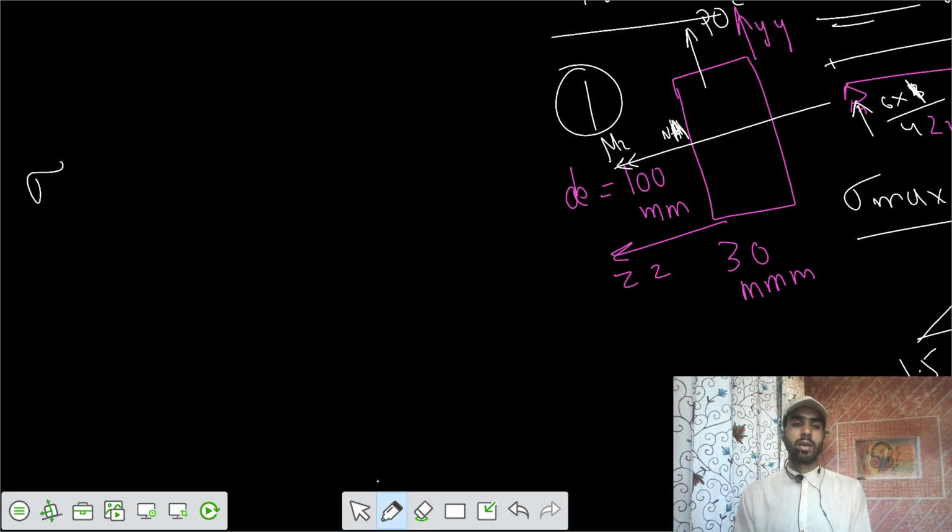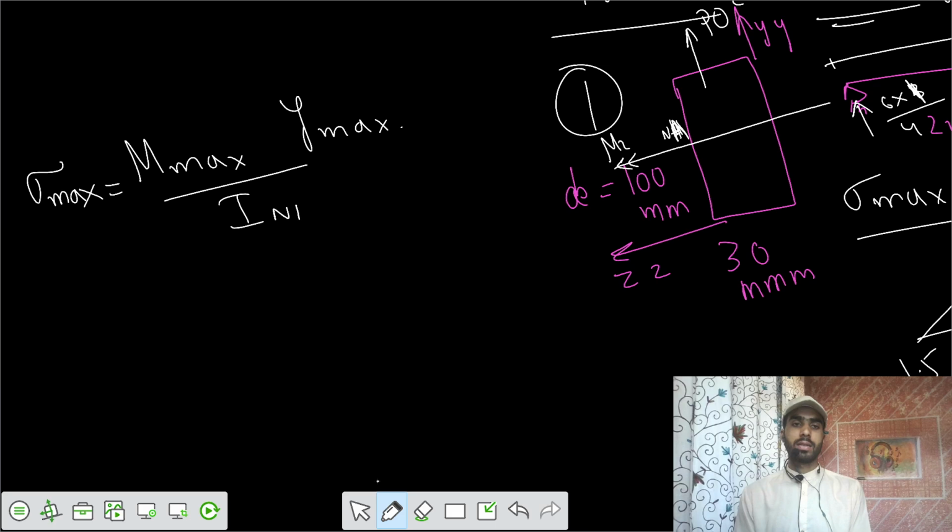So we write bending stress, sigma max equals M max, moment max, into Y max by I neutral axis. But I neutral axis should be about the axis ZZ, so IZZ. This is our ZZ axis.